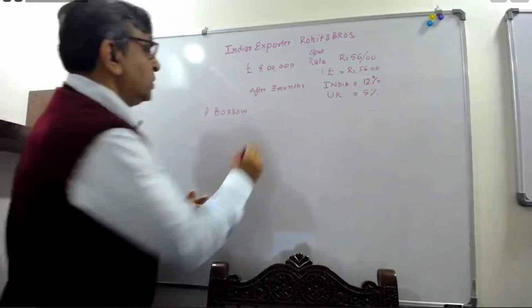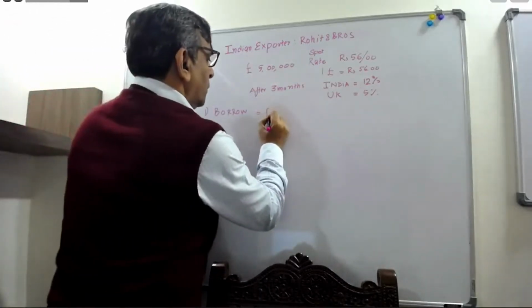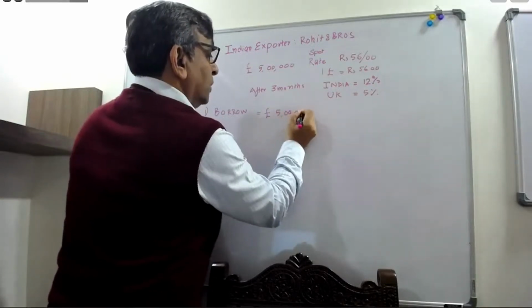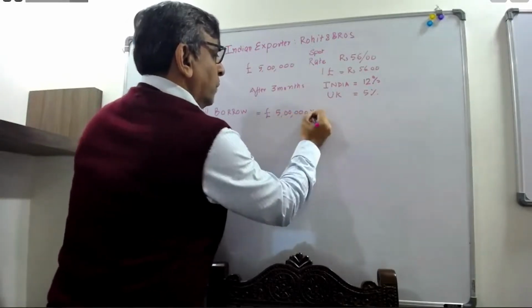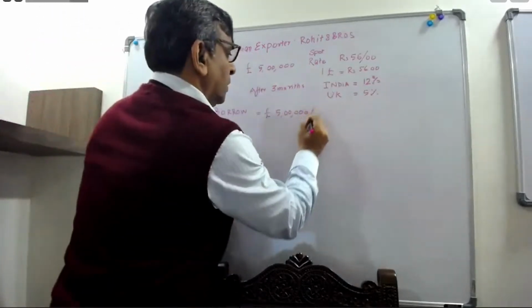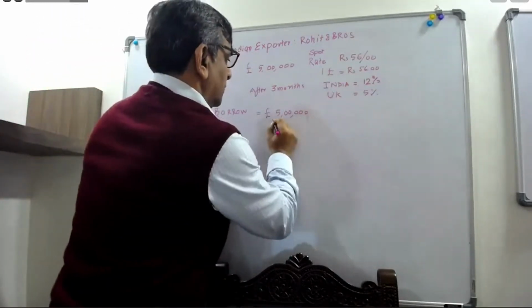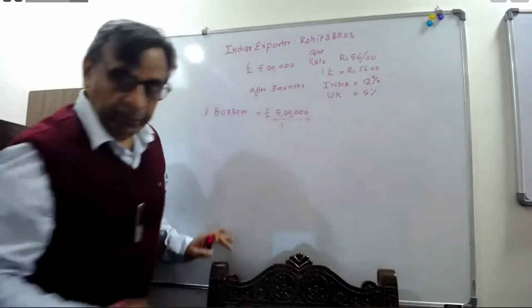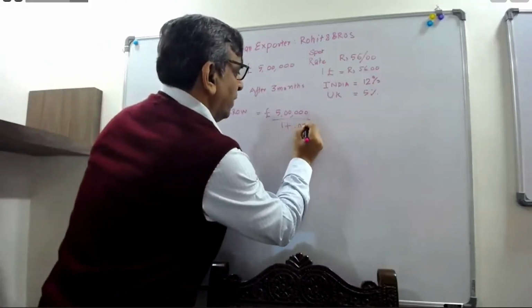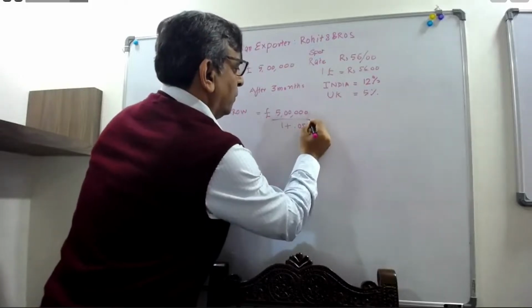Borrow. How much? You have to borrow. I'm just writing the formula here first. 5 lakh pound divided by 1.1 plus 0.05 divided by 4.